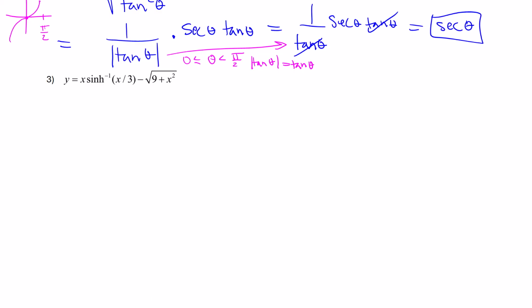And we're also going to need to be careful to recognize that this first term is actually a product. This is x times sinh inverse of x over 3. That's a product of two functions, x and the sine hyperbolic inverse of x over 3, which of course also involves a chain rule. So there's lots of pieces in this one. Let's see if we can keep it straight.